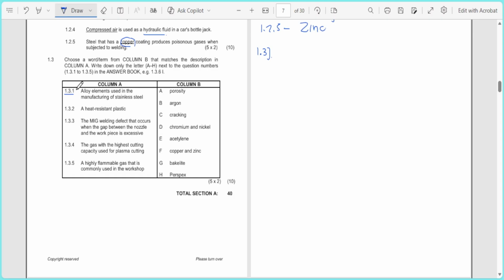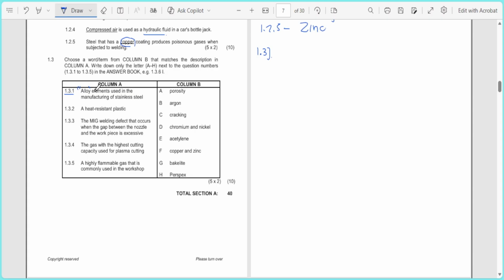I wonder if you guys are doing physical sciences. In grade 10, alloys were a big discussion in physical sciences: the blending or mixing of metals to obtain a new metal. So for 1.3.1, alloy elements used in the manufacturing of stainless steel.